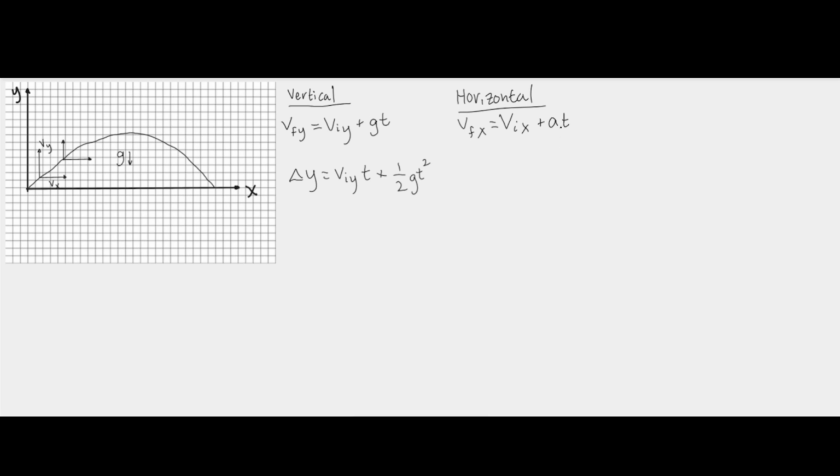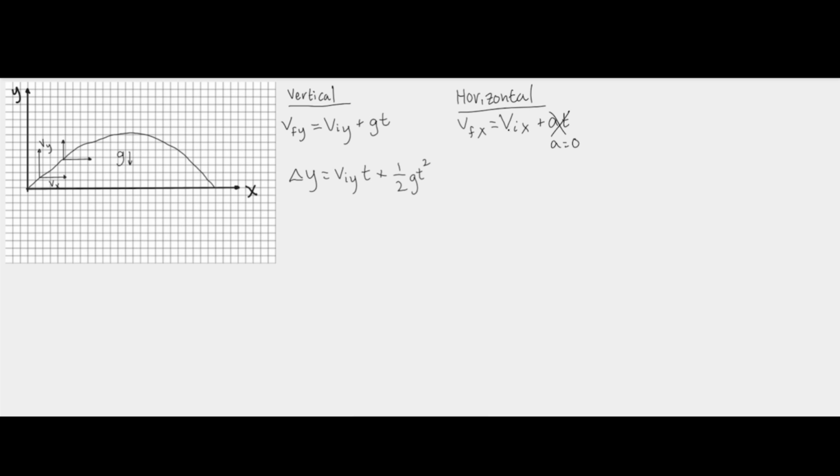So what is my acceleration horizontally? Again, we discussed that the horizontal components are equal at any point in time, so there is no acceleration. If this Vx stays the same for every period of time, then there's no acceleration in the horizontal direction. So a equals 0, and that term goes to 0.